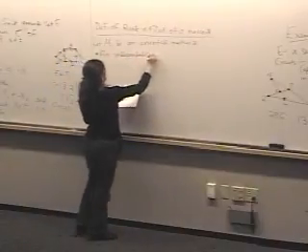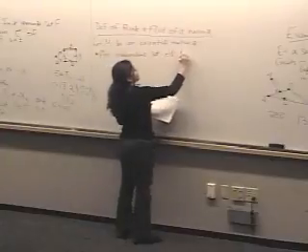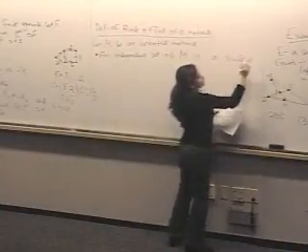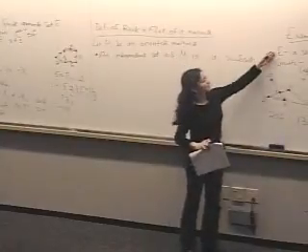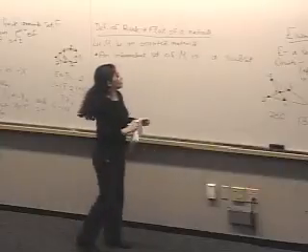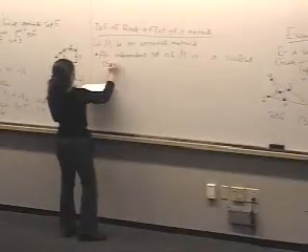An independent set of M is just, well, you can almost guess it. It's just going to be a subset of E which contains no circuit.